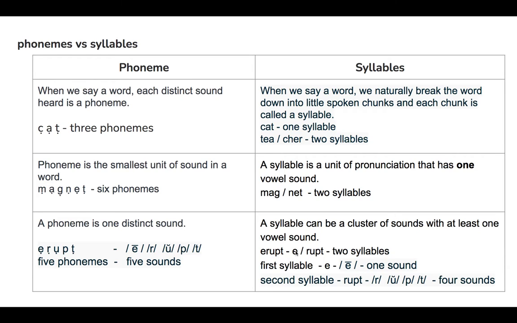So erupt has 2 syllables. The first syllable has one sound, whereas the second syllable has 4 sounds. So a syllable could be a cluster of sounds and not necessarily one sound like a phoneme.